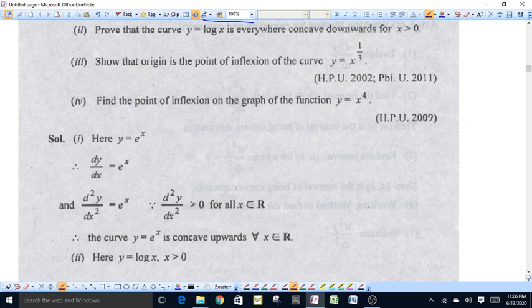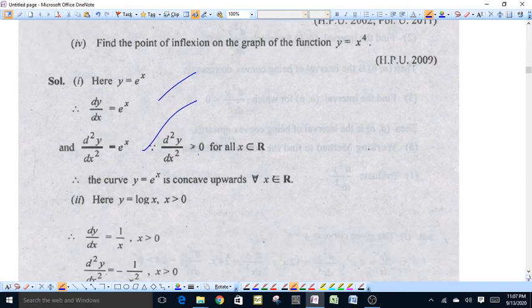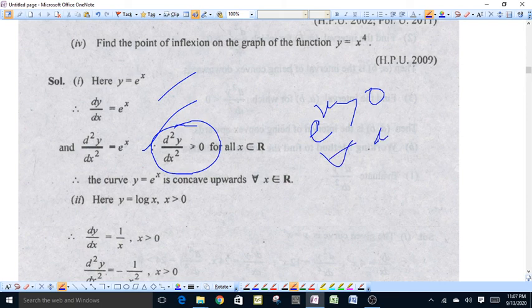Let us take the first order derivative, then the second order derivative is equal to e^x. For concave upward, the second order derivative must be positive, and we know that e^x is always positive for all real values of x.